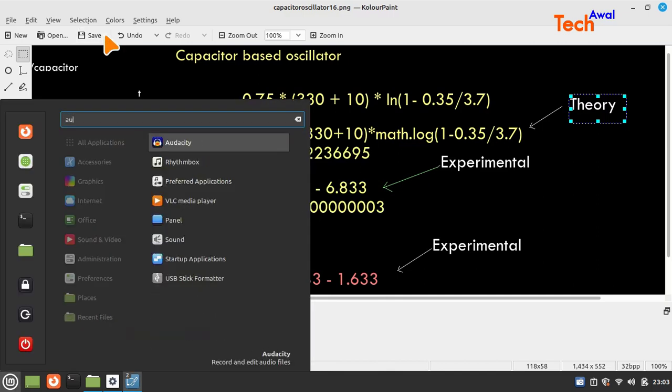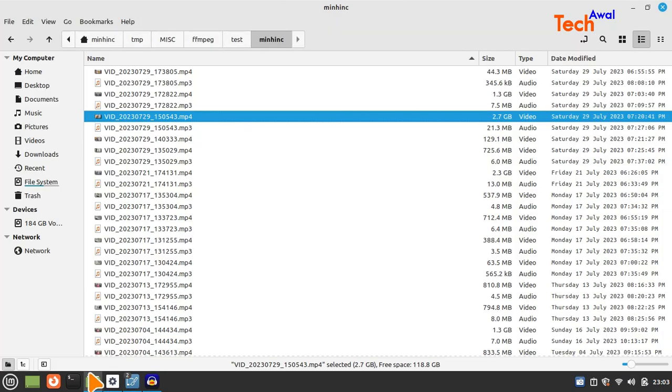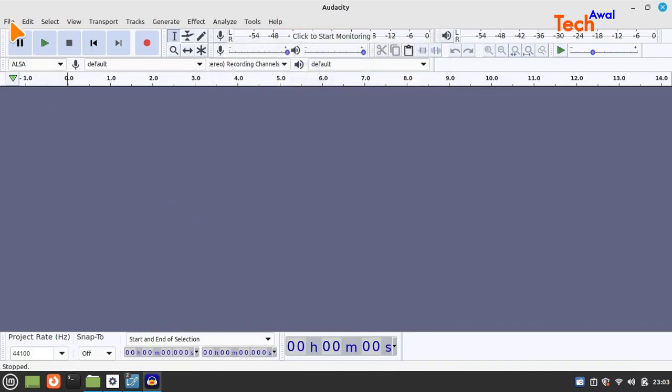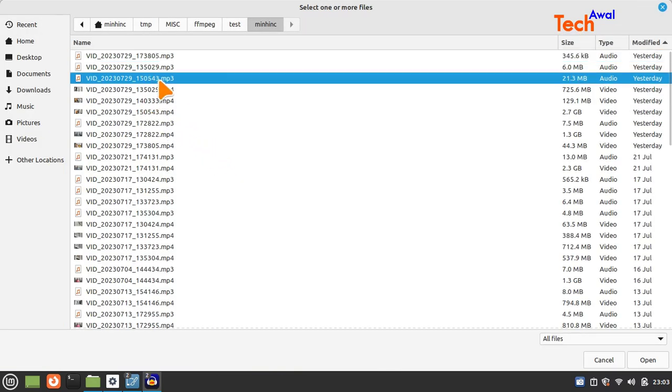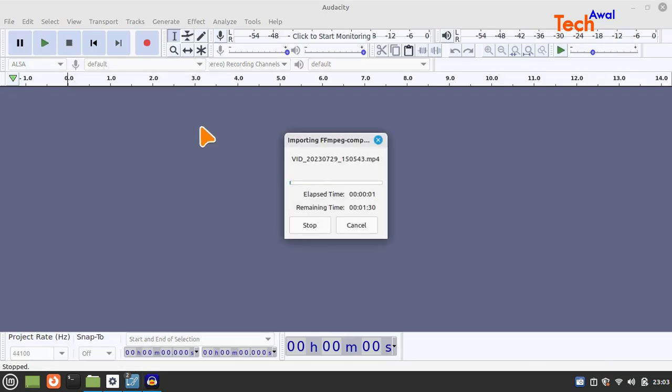Okay, we can go with Audacity also to actually see the waveforms. It will take some time to load.